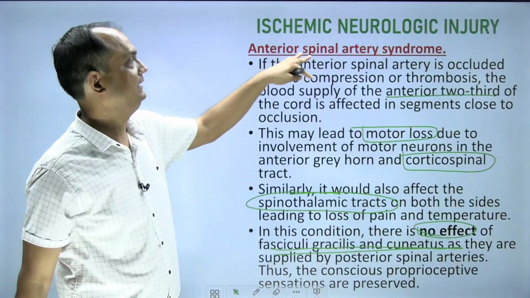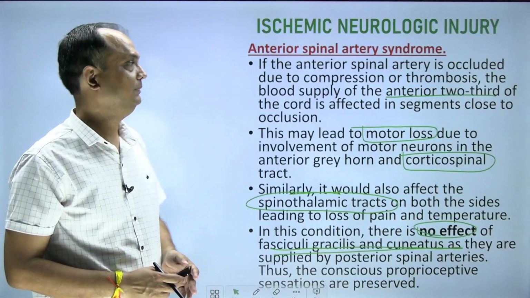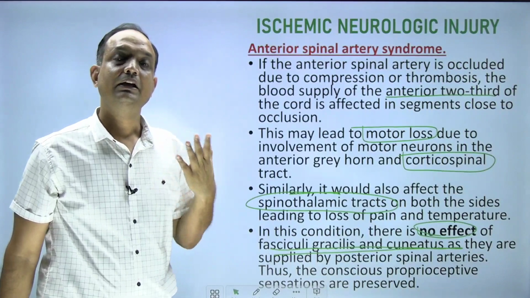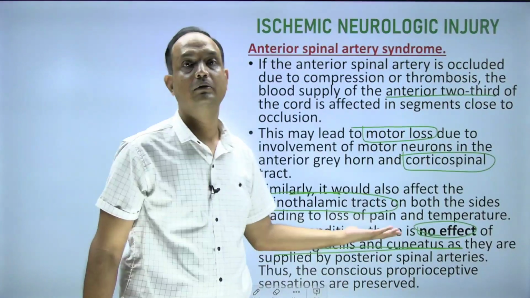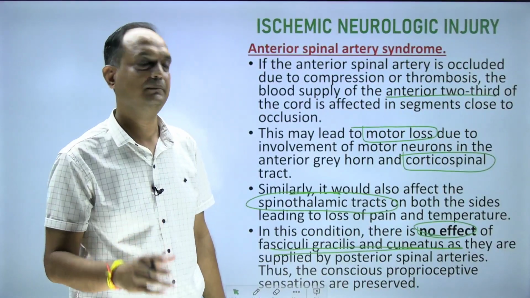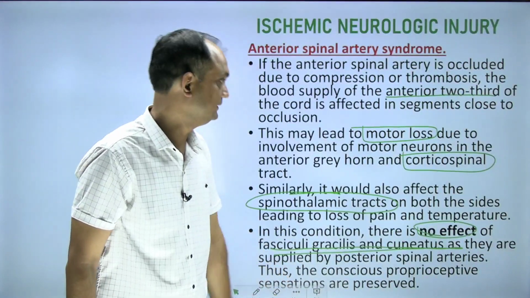So whenever you have anterior spinal artery syndrome, keep in mind that there is a sparing of the posterior column of white matter, that means fasciculus gracilis and cuneatus.